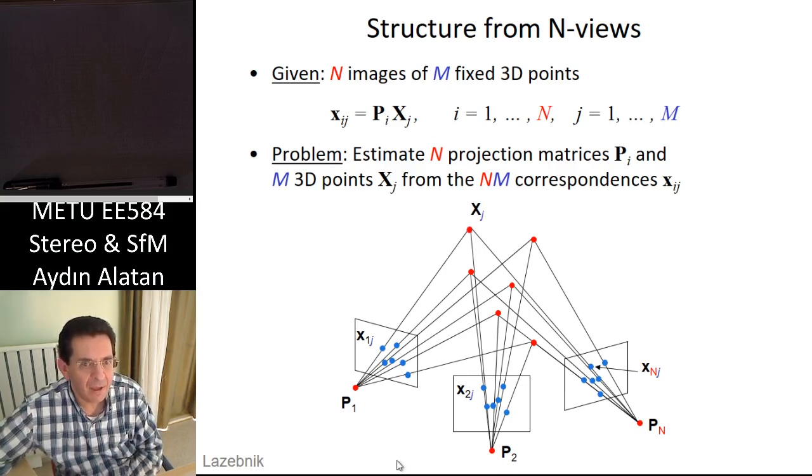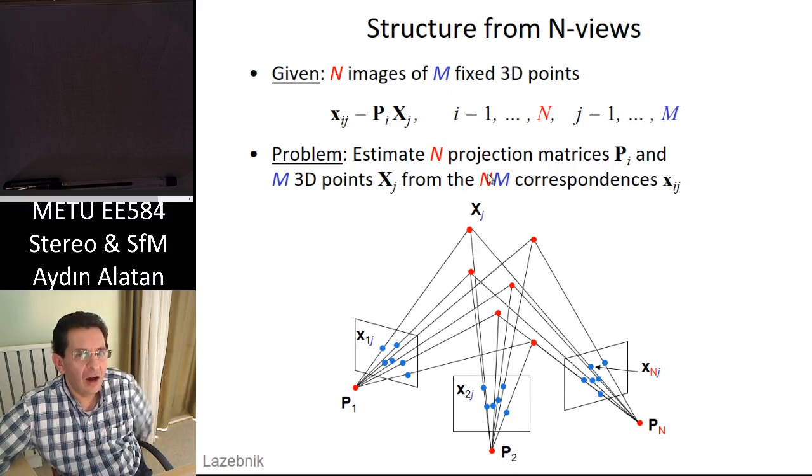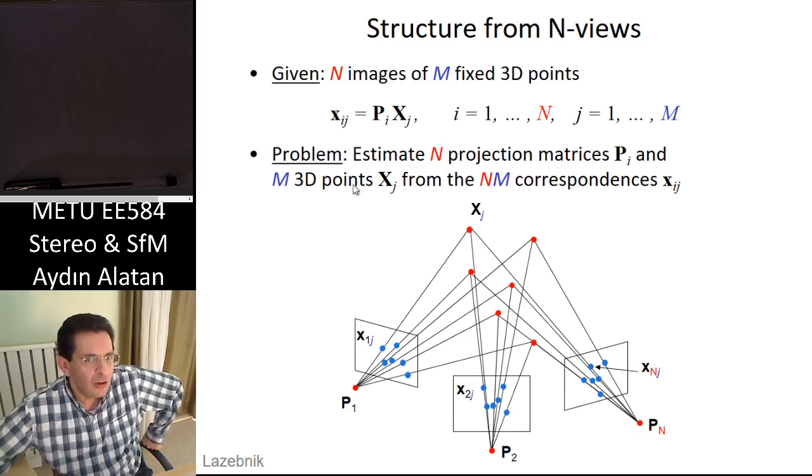Therefore, 1, 2, 3, n different images, and obviously n projection matrices, P1, P2, Pn, and there are m fixed points, 1, 2, 3, capital M. And our problem here is, I want to estimate the n projection matrices, one for each view, and also the 3D points, Xj, using the small m correspondences.